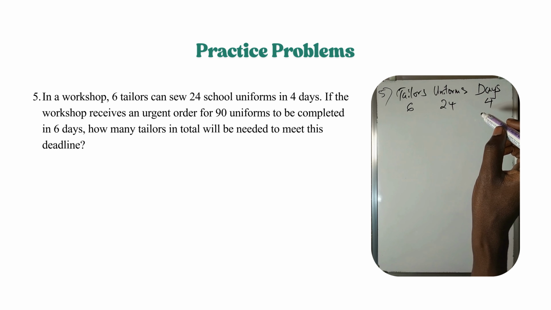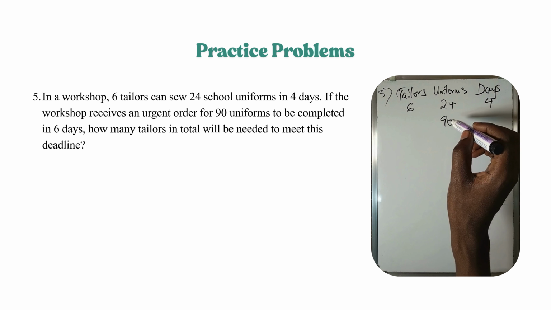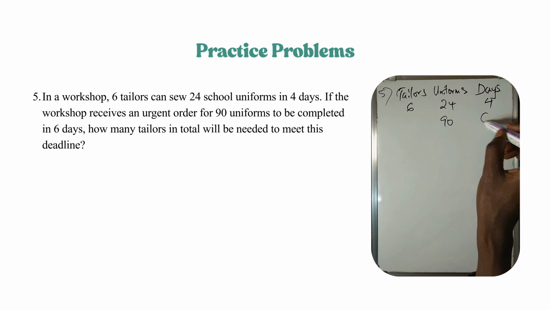And then there's an urgent order of 90 uniforms to be completed in 6 days. And now we need how many tailors? We need to find out the number of tailors needed to meet this deadline.